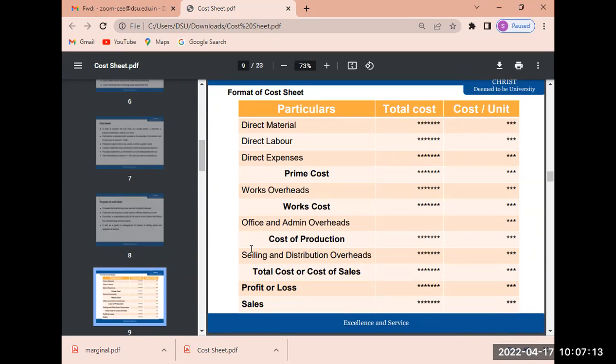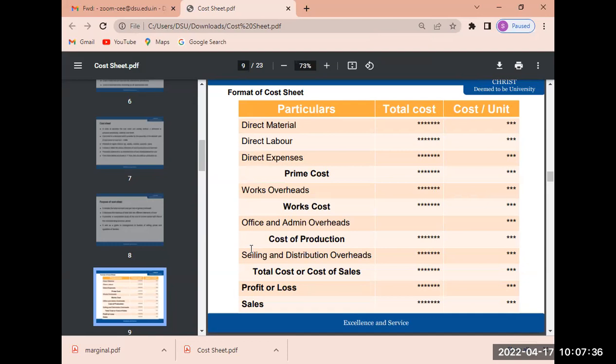Without that, you can't make that product. If that is the case, such material should be called direct material. Example, timber, I told you, wood in making furniture. Then note paper is an example of direct material for the notebook industry. Like that we can have examples for direct material.